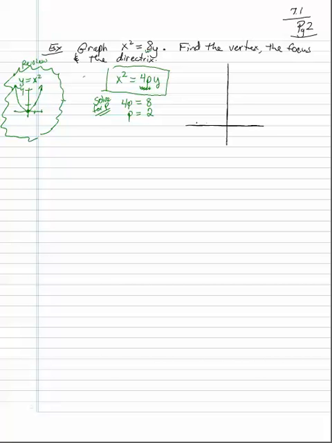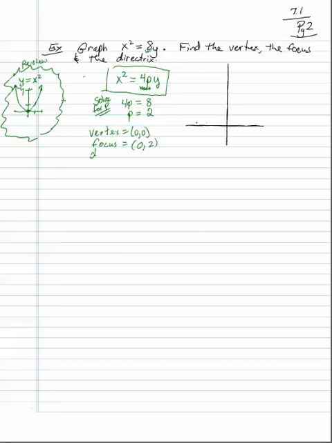I know my vertex from the standard form. So just look at the notes that I just wrote. It is 0, 0. I know the focus is going to be 0, p, because it's opening up. 0, p, so that'd be 0, 2.